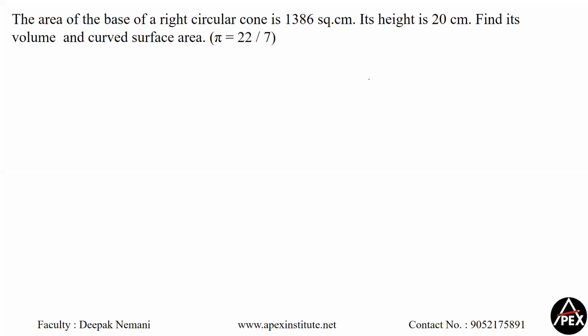So in this question, it is given that the area of base of a right circular cone is 1386 square centimeters. Its height is 20 centimeters. Find the volume and curved surface area. So we can directly find the volume using area of the base and height. That will be 1 by 3 into area of base into height.